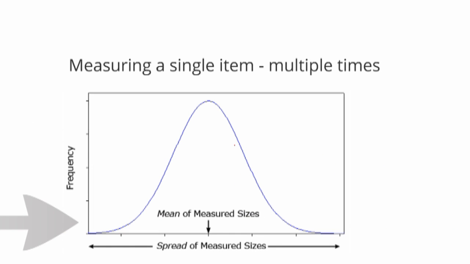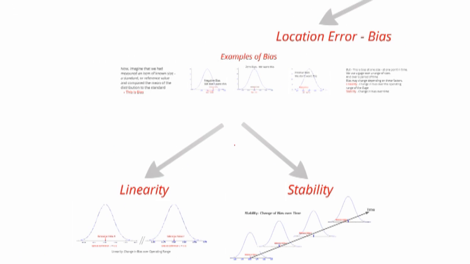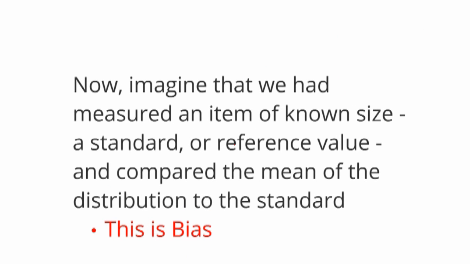But at this stage you may be asking yourself, where does the error part of measurement error come into it? Well, first let's look at the mean. If we imagine that we had taken a super accurate reference or standard of a known size, let's say 0.500, and if we took 50 measurements of this reference, we could draw the normal distribution curve and see if the mean of the distribution was also at 0.500.